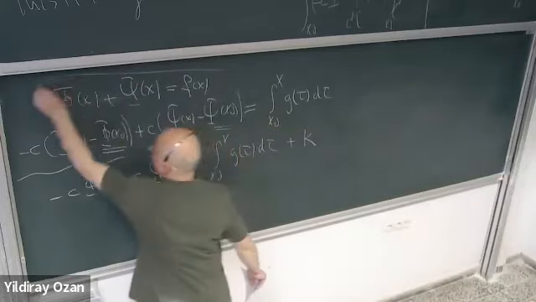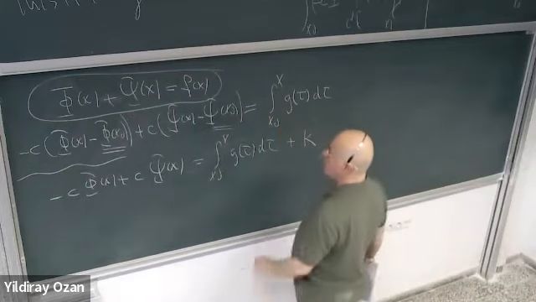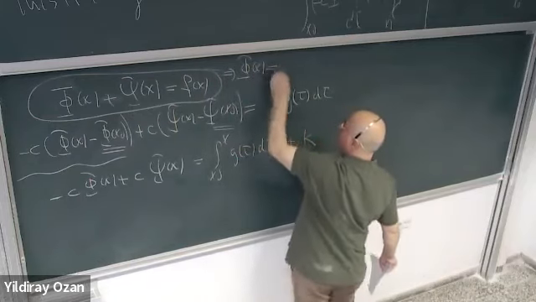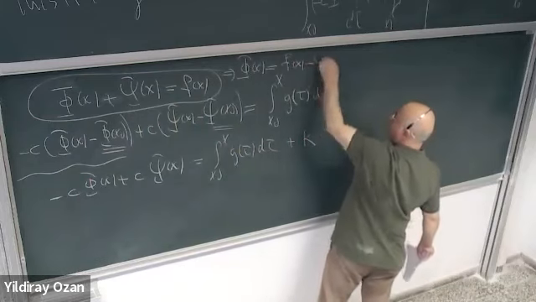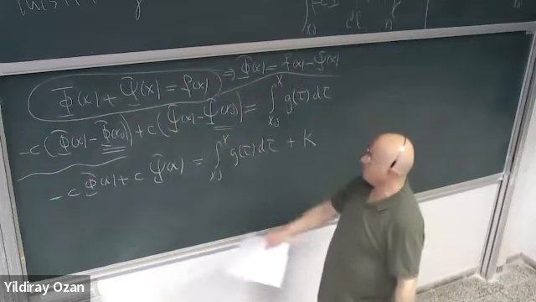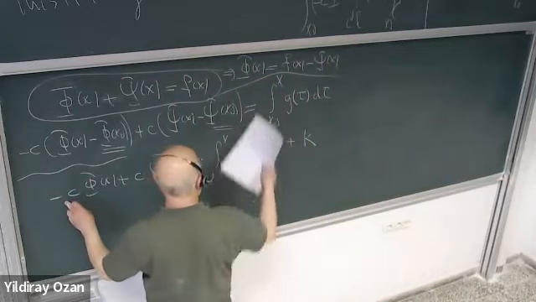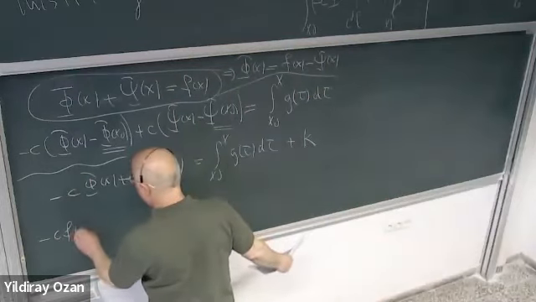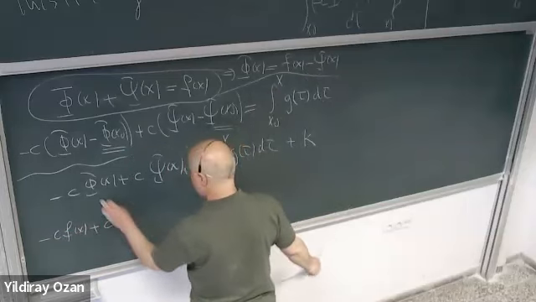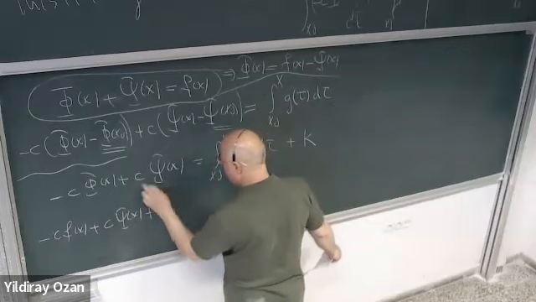So we have this equation and then this equation. Buradan da şöyle yazalım. This is just f of x minus psi of x. Okay, so if I just plug it here, so we get minus c times f of x minus c times psi x plus c times psi x.